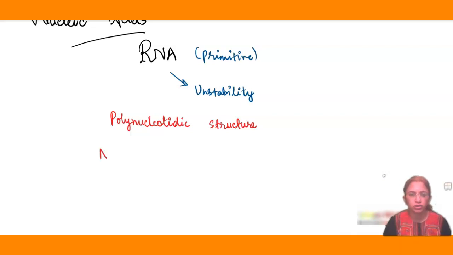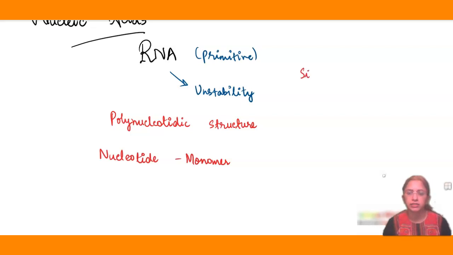So nucleotide is the monomer unit in case of RNA too. Means to make the structure of RNA, the basic unit we should have is a nucleotide. When many nucleotides are repeated, then polynucleotidic or polynucleotide structure is formed.